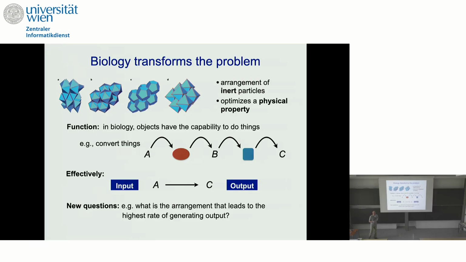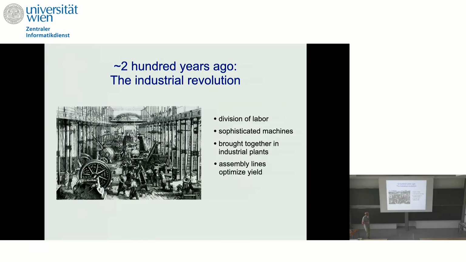the output. So we have, as a human race, figured out that it's good to place machines in an assembly line a couple hundred years ago, yeah, and there are principles of optimizing productivity, such as division of labor, sophisticated machines, and you bring them together and you form assembly lines.